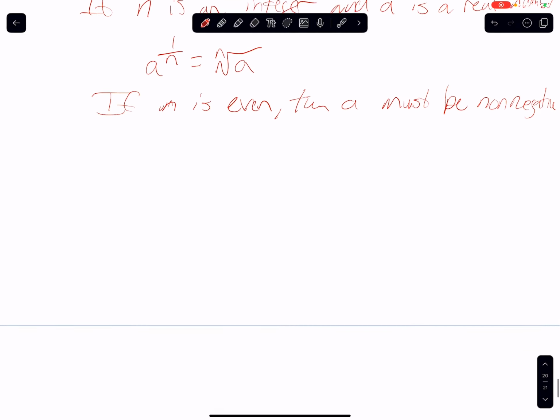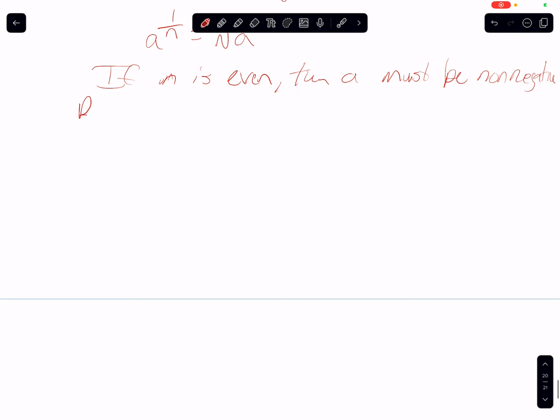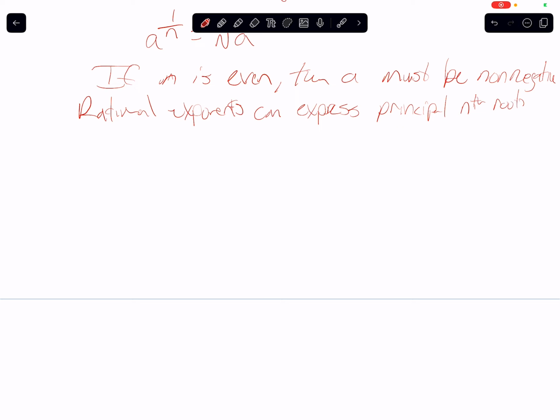So, rational exponents can express principal nth roots in the following way.